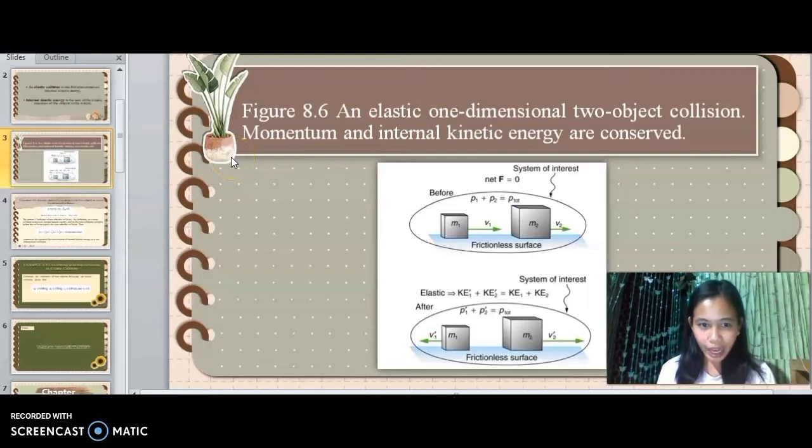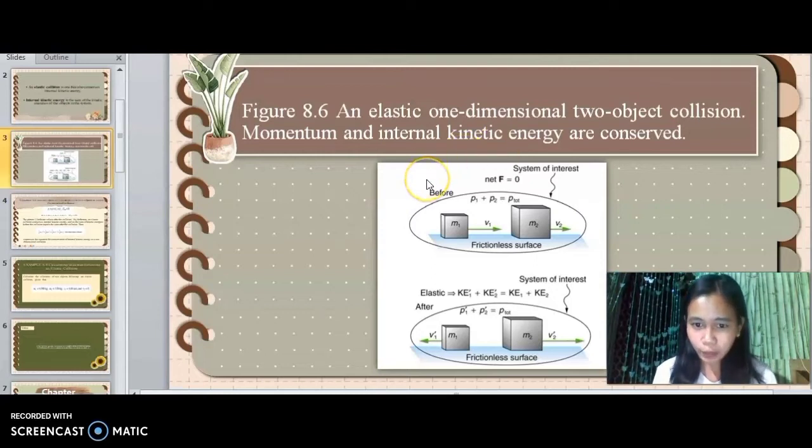Now in figure 8.6, an elastic one-dimensional two-object collision is shown here. And the momentum and internal kinetic energy are conserved, which means that in an elastic collision, momentum and internal kinetic energy are always conserved. That is what we need to remember in elastic collision.